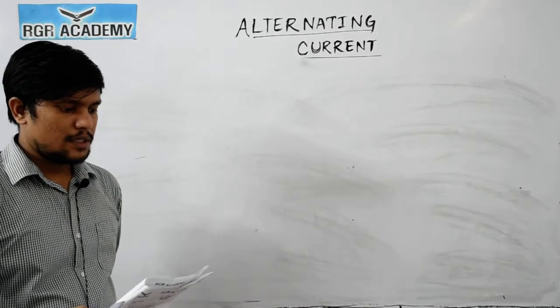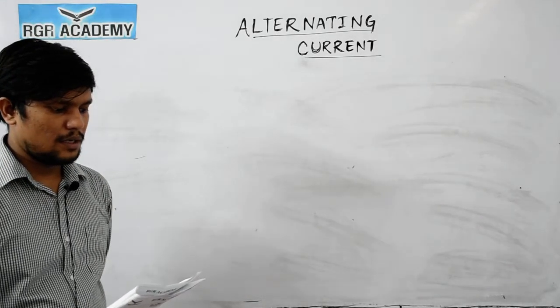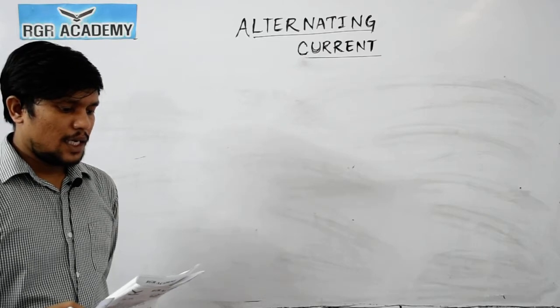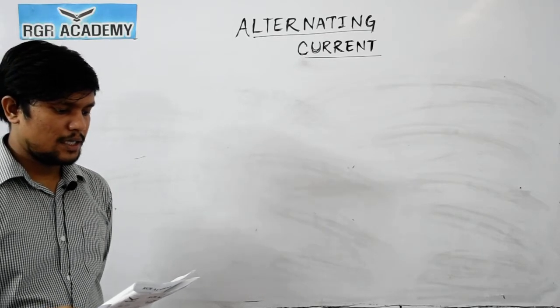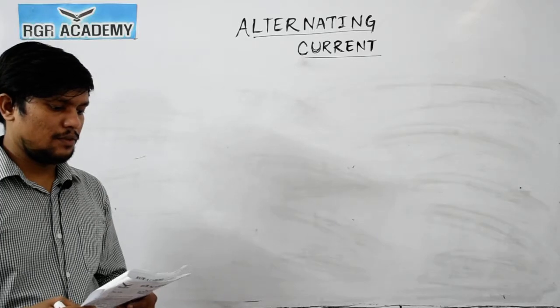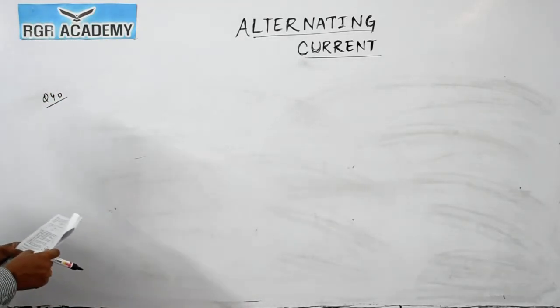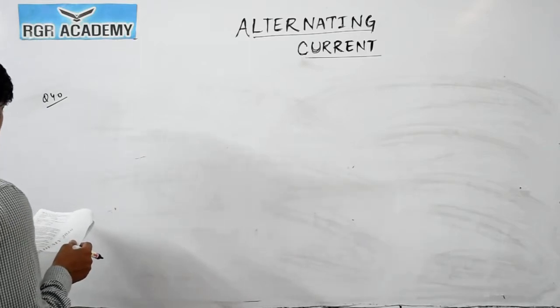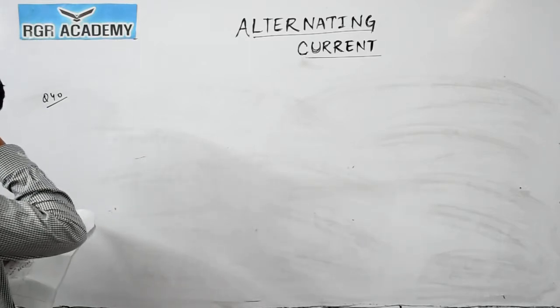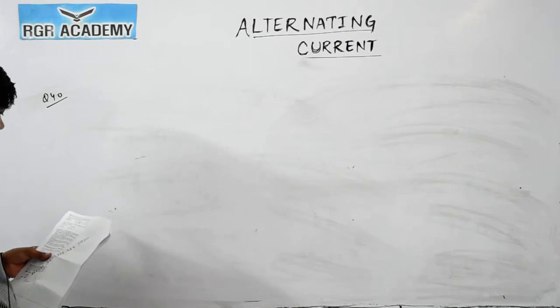A 110 volt, 50 watt valve is connected to a 100 volt line. The required induction coil has a self inductance of what value?